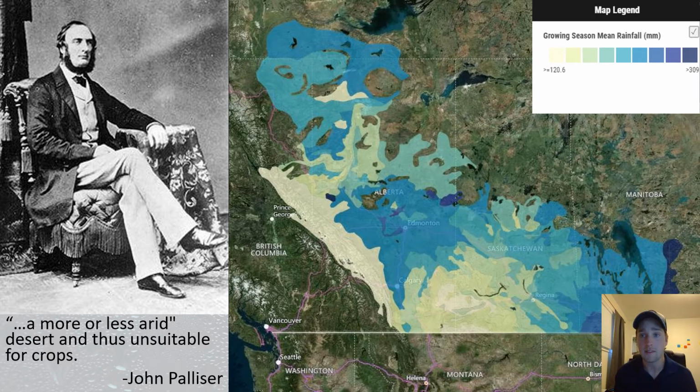This is some average rainfall across Western Canada, and you can definitely see where that Palliser triangle is. The reality is we receive not a lot of moisture each year, and more often than not we find ourselves limited by that reality.